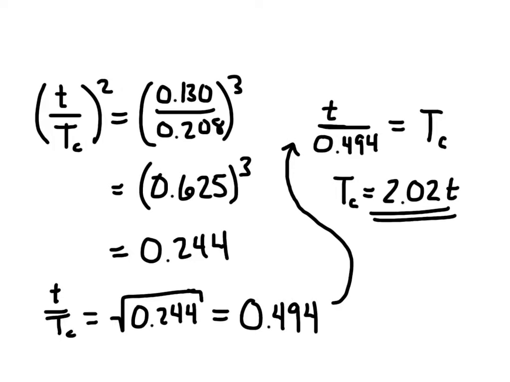So the orbital period of planet C is a little bit more than twice that of planet B. It's going to take planet C about twice as long to go once around its orbit than it will for planet B. And that's a way to apply Kepler's laws of planetary motion.